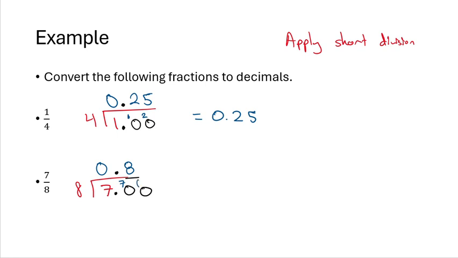So add the 0, 6 remainder. Keep going. 8 goes into 60, 7 times. So that will be a remainder of 4, if I remember. And then 8 goes into 40, exactly 5 times, like so. And as you can see, I have no more remainders. It's cut off there. So my final answer is 0.875, like so.